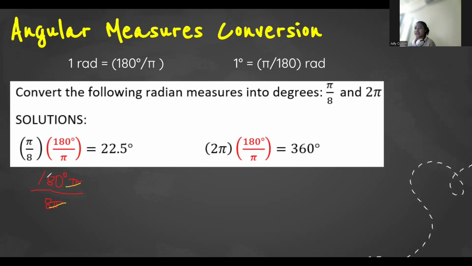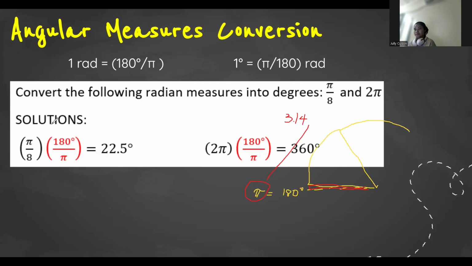Mabili na lang kay degrees. 180 degrees divided by 8. So that is 45 over 2 in fraction, and in decimal, that is 22.5 degrees. Make sure to write degrees, okay? Because that is, of course, our goal.